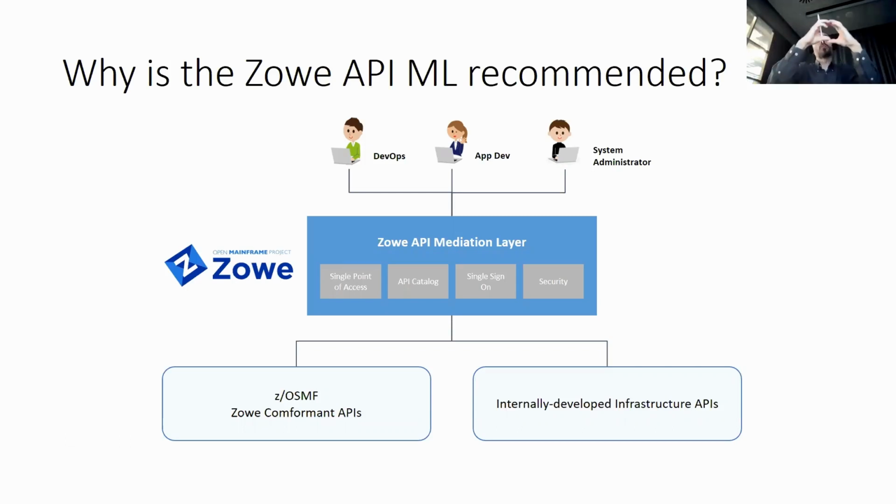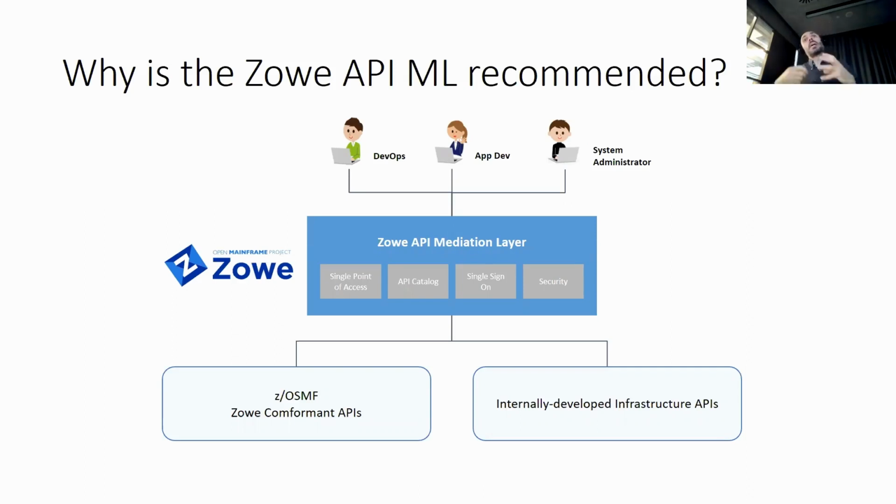And then you've got the middleware, which is the mediation layer that has a number of benefits, which I'll go into shortly. Then on the southbound edge of the mediation layer, you've got the different services that are available via the mediation layer. There are two broad categories there. There are the Zowe Conformant APIs that are provided mostly by vendors, that are oftentimes extensions of their existing solutions.